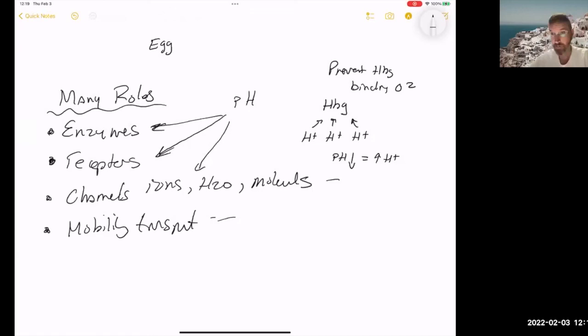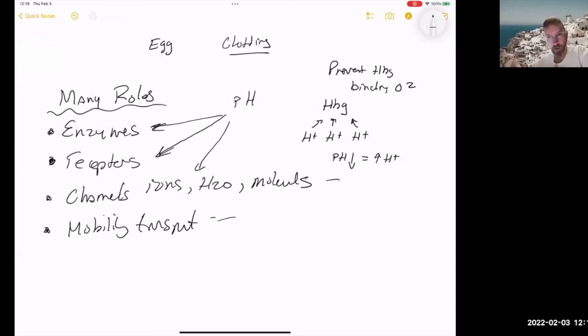But it's not just hemoglobin, it's many other proteins. For example, many different proteins that are involved in blood clotting. If your body temperature gets too low, there will be conformational changes in clotting factors. They will quit working. You won't be able to coagulate.